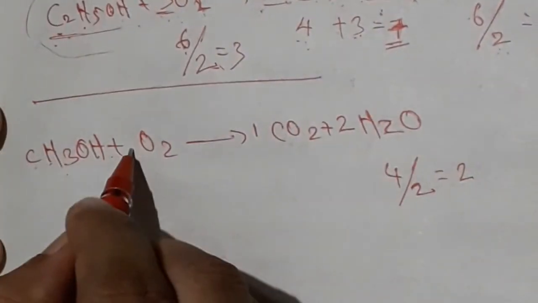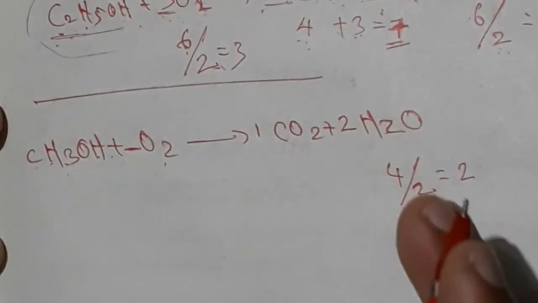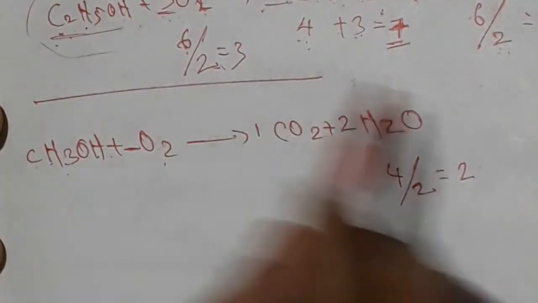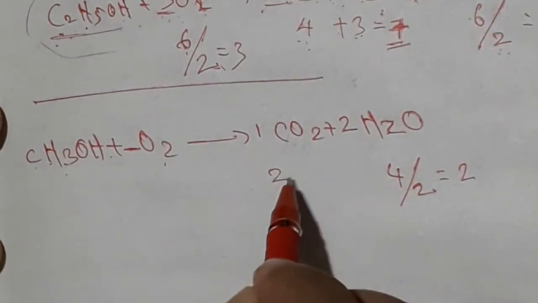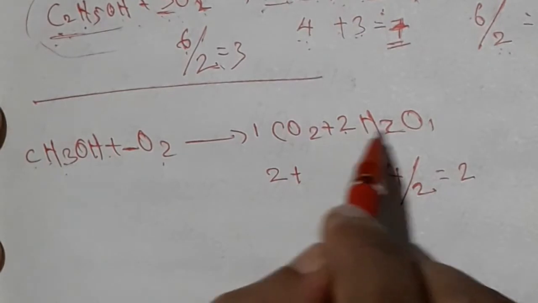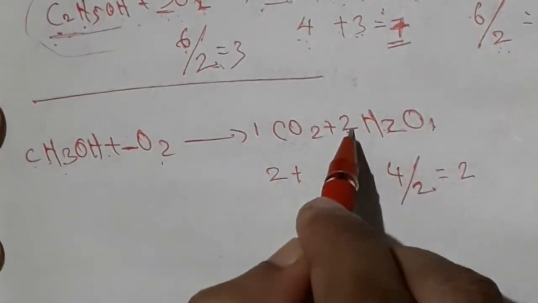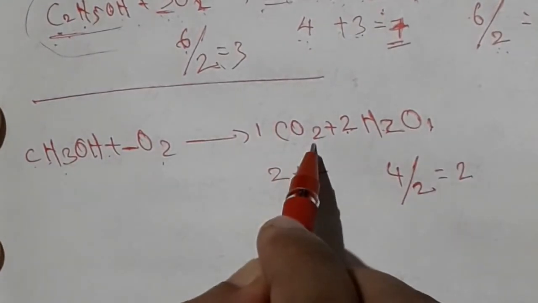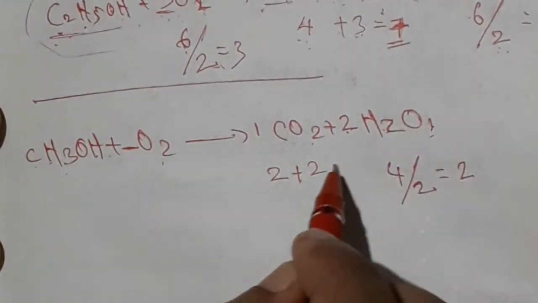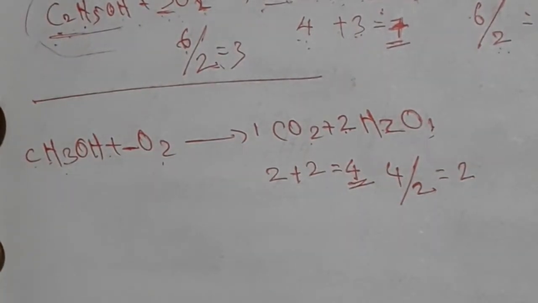Now we have to balance the oxygen. You have to count how many oxygen on this side. Here 2 oxygen, and H2O, I told you, just consider 1, 1 times 2, so 2 oxygen. Total 4 oxygen.